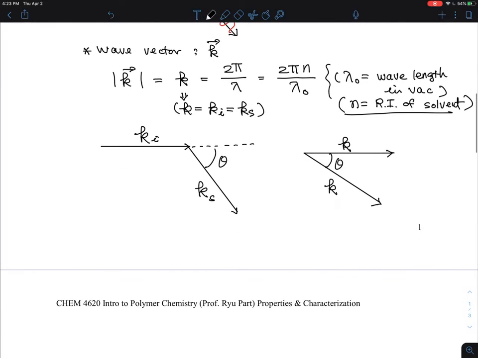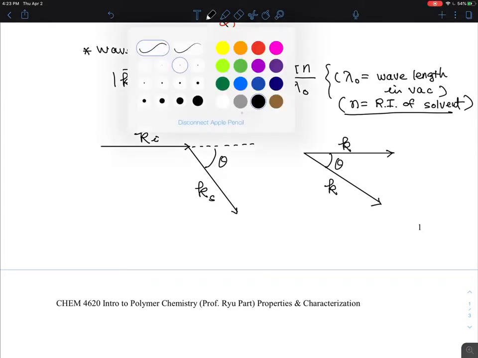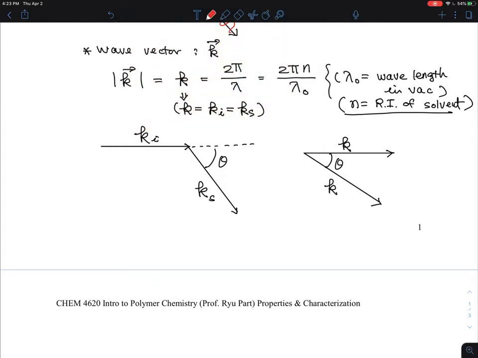And then I'm going to define a new vector, and this is a vector. Okay, so this is a vector, and that's actually what we call the scattering Q vector. Okay, so for now, let me just keep it the way it is.